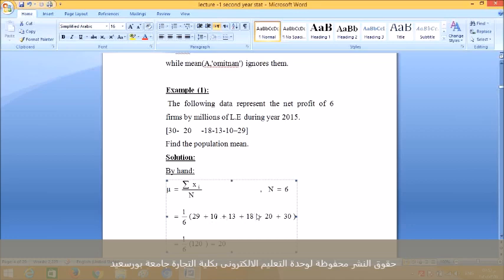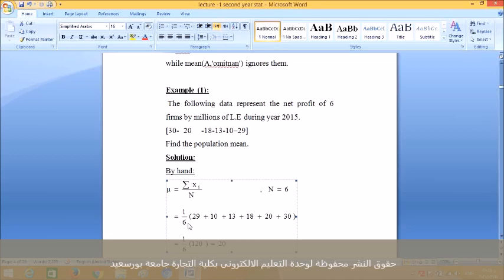The summation of all 6 observations must be collected and divided by the number of these observations, like this.